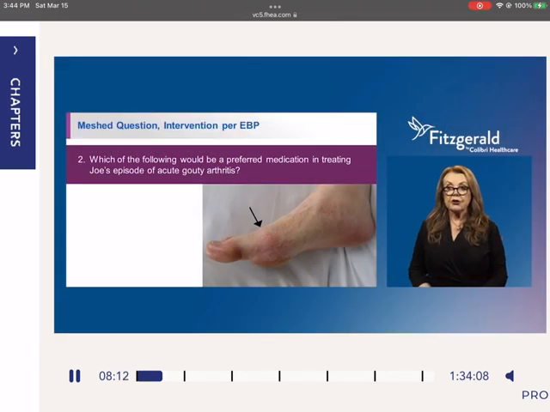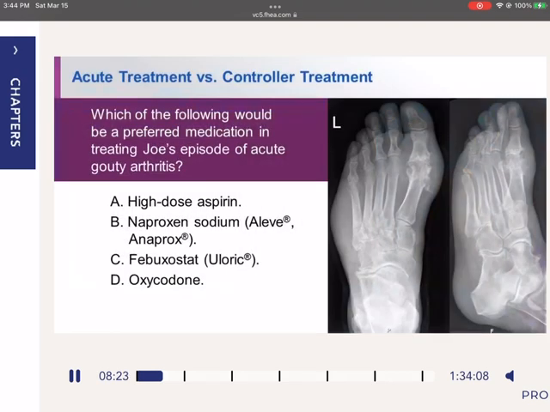Question 2, which of the following would be a preferred medication in treating Joe's episode of acute gouty arthritis? Would it be A, high-dose aspirin, B, naproxen sodium, brand name Aleve, C, Uloric, D, oxycodone?